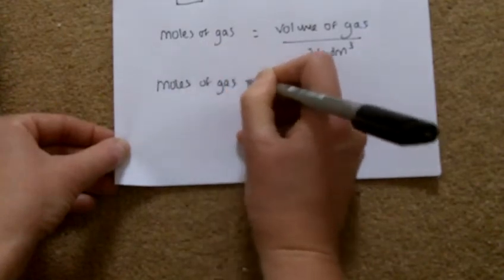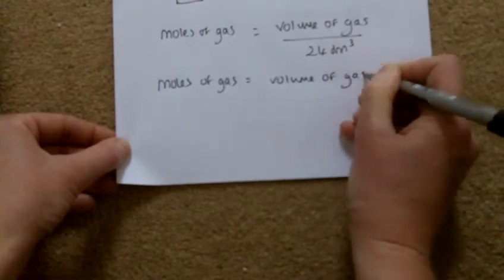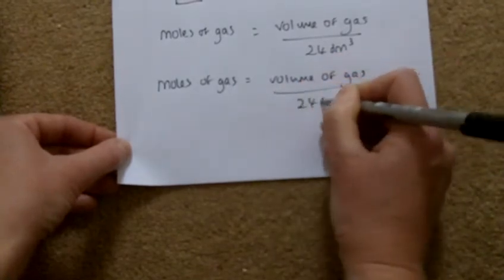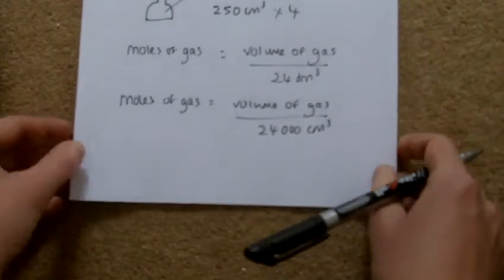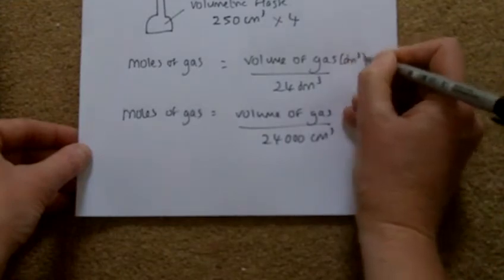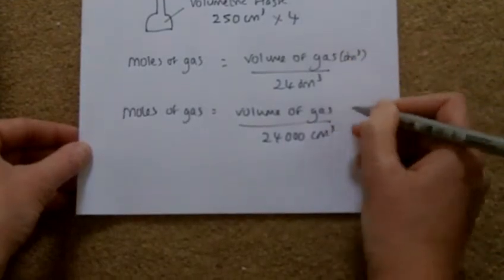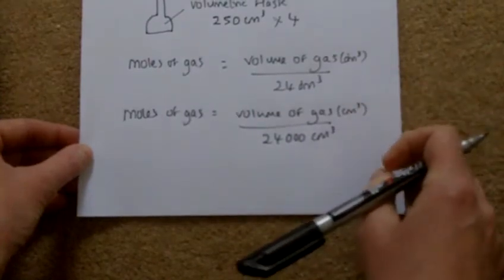Moles of a gas is the volume of a gas, not a liquid, over 24,000 centimeters cubed. So if the gas that you're measuring is in decimeter cubed, you use that equation. If the gas you're measuring is in centimeters cubed, then you use that equation.